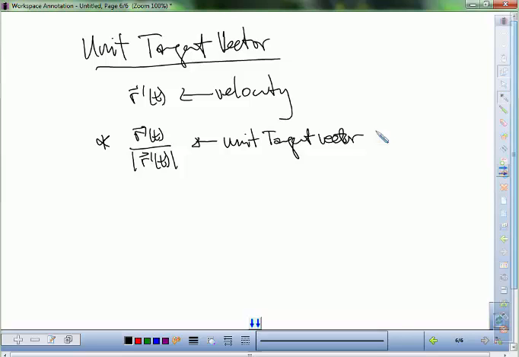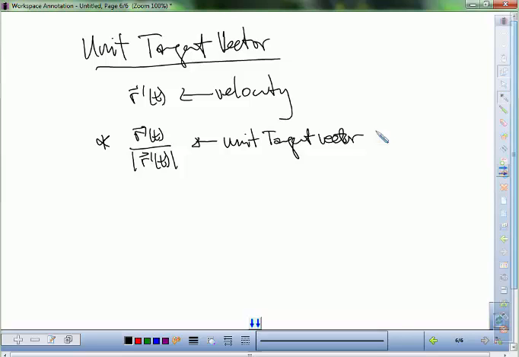And it turns out that the helix is a nice way to find the unit tangent vector. A lot of times in general, we usually want to keep this as a function of t, because as you're moving along your curve, you're going to want to compute the unit tangent vector when you're moving along the curve.